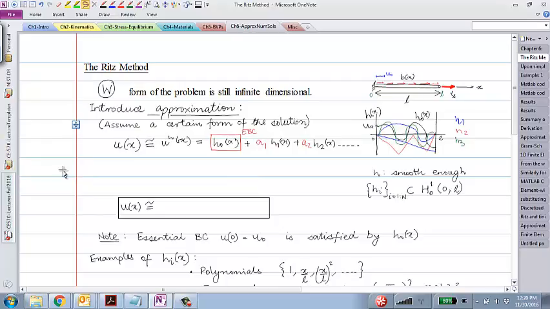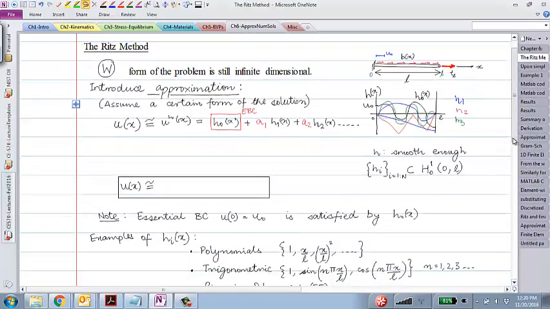What I'll also do, just take a couple minutes here, I'll write this in a slightly different form. I'll write this as h0 of x plus a horizontal vector of a1, a2, a3, all of these coefficients, unknown coefficients for now, times a vertical vector of h1 x, h2 x, and up to whatever hn x.